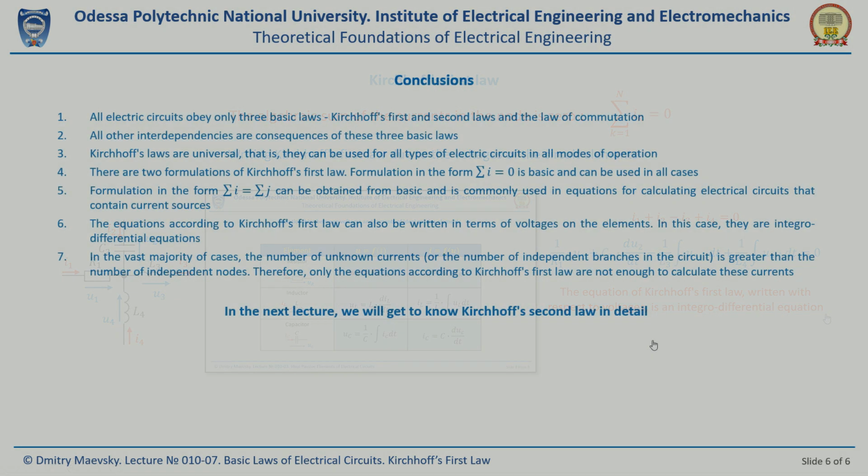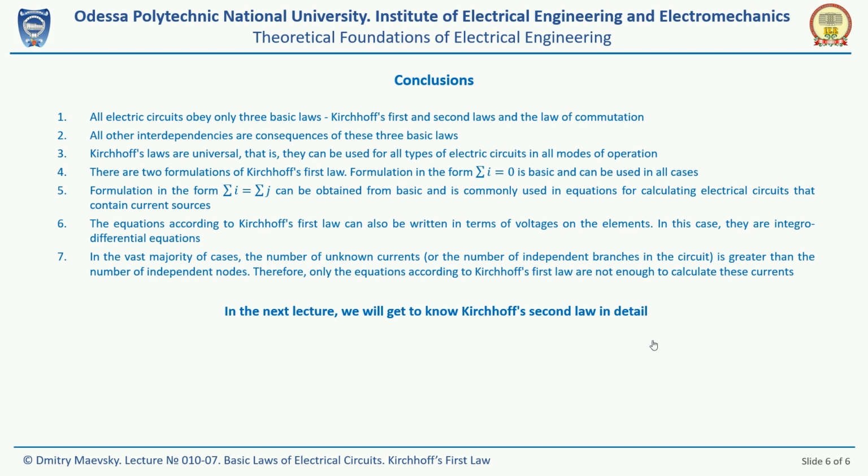Our lecture has come to an end, and now is a time for some conclusions. First of all, today we know that all electric circuits obey only three basic laws. These are Kirchhoff's first and Kirchhoff's second laws and the law of commutation.